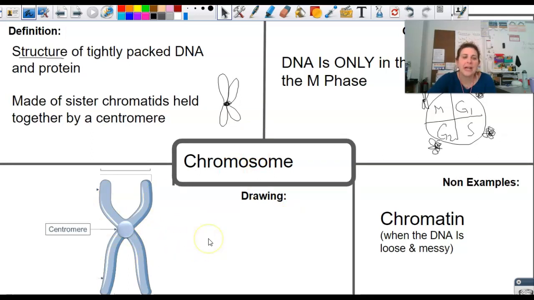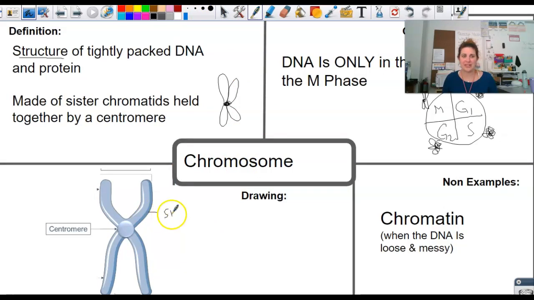That's a prettier picture of a chromosome. That centralized part is the centromere, and each of these represents a sister chromatid.